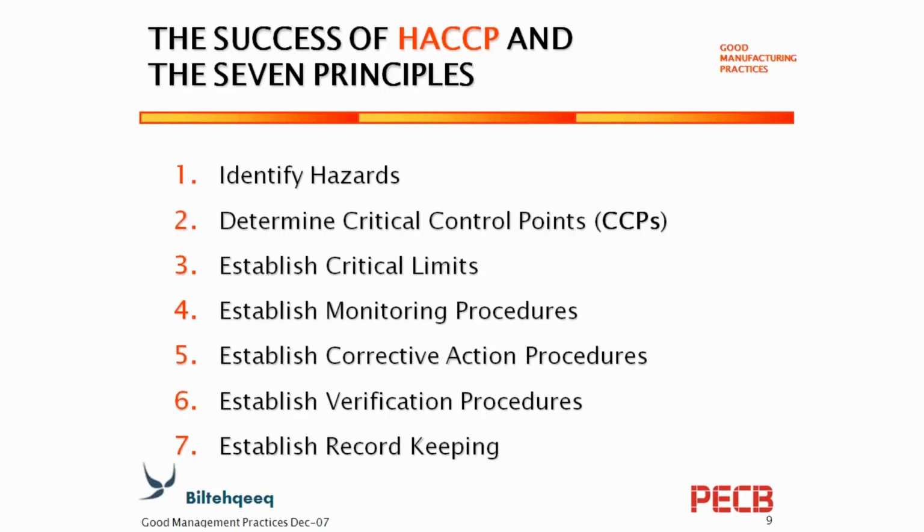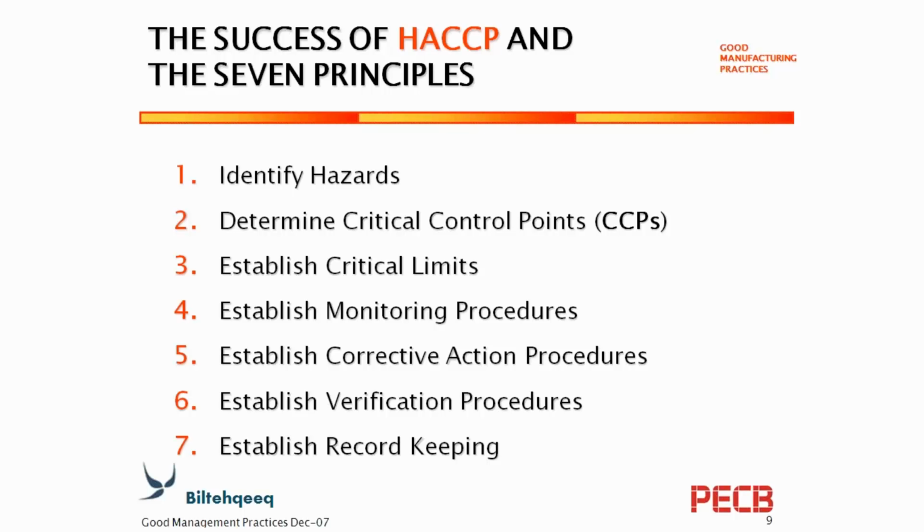If the operations are going beyond the acceptable limit, you have to take corrective action. And for this, you have to develop a specific procedure. It is the same as in other quality management systems, and you are familiar with the corrective action procedure. And then establish a verification procedure, to check that after taking the corrective action, the hazard has been controlled or reduced to the acceptable limit.